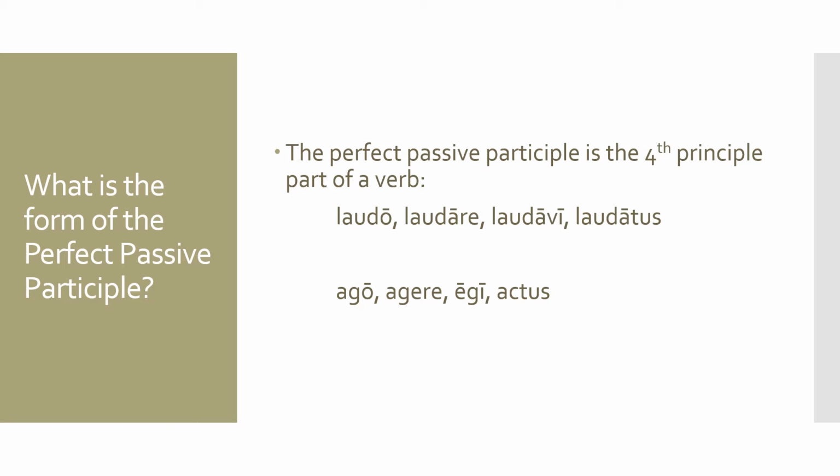The form of the perfect passive participle is actually the fourth principal part of a verb. So if you were to look at your vocabulary checklist or the vocabulary section of the book, and you look up any verb, you'd see that most of them have four principal parts.